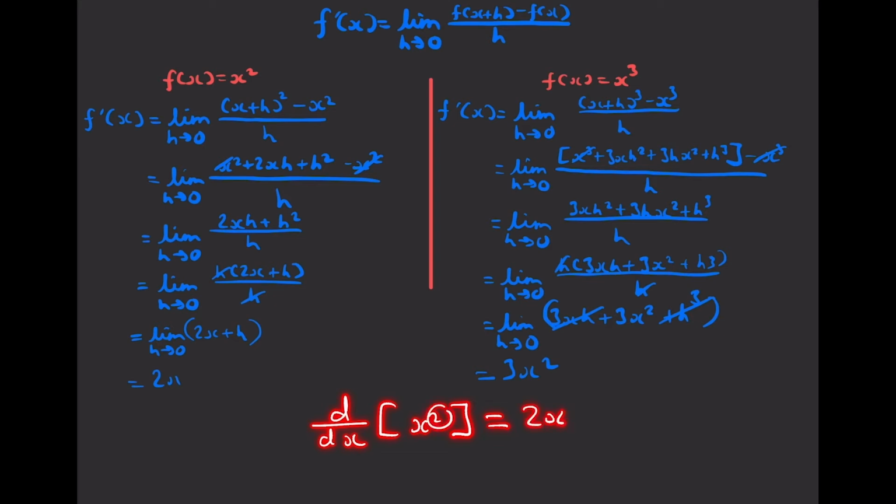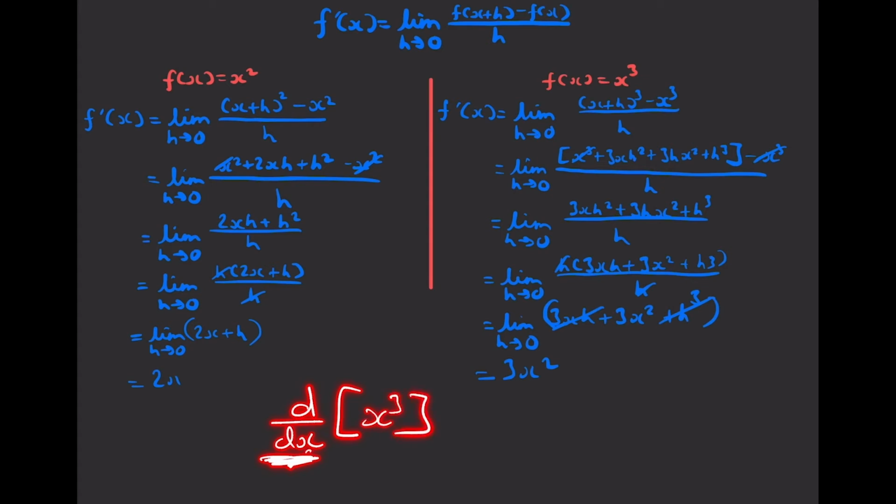Okay, so the 2 went to the front, and the power of the x squared term is now 1. So similarly, the derivative of x cubed, or simply the change in x cubed with respect to x, where x is the variable we're differentiating with respect to, is equal to 3x squared. So we took the exponent and brought it down to the coefficient of x cubed, and our exponent was also subtracted by 1.